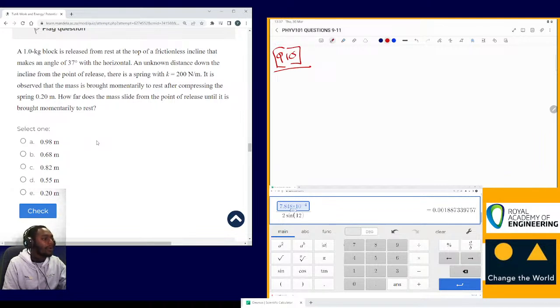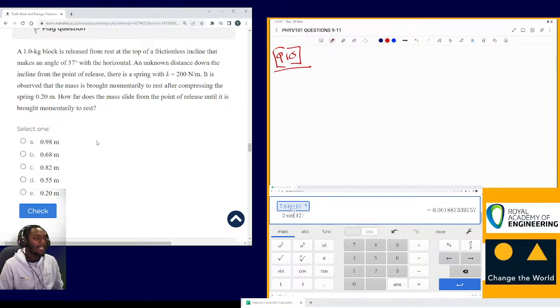It says a 1 kg block is released from rest at the top of a frictionless inclined plane that makes an angle of 37 degrees with the horizontal. An unknown distance down the incline from the point of release, there is a spring with a constant of 200 Newton per meter.